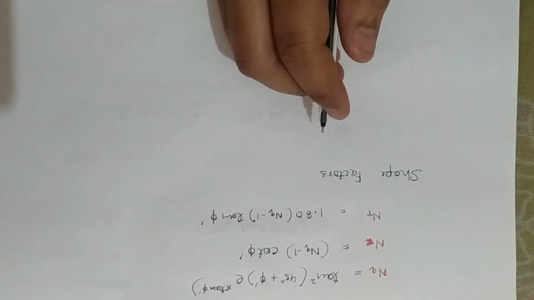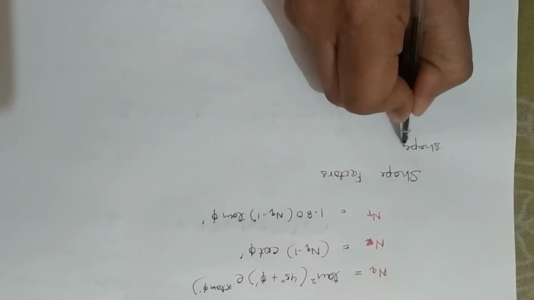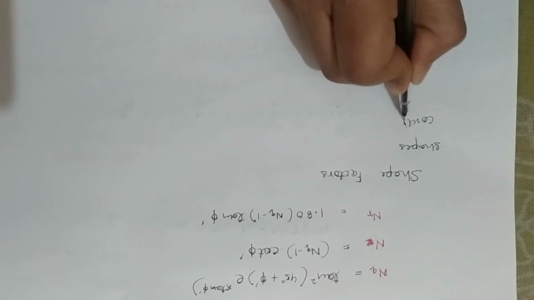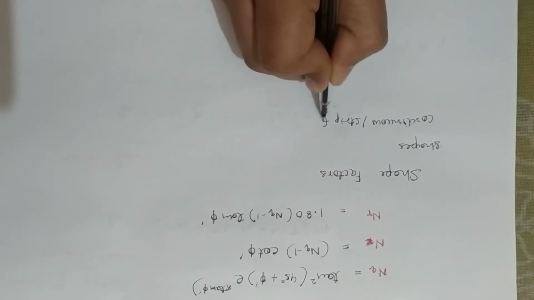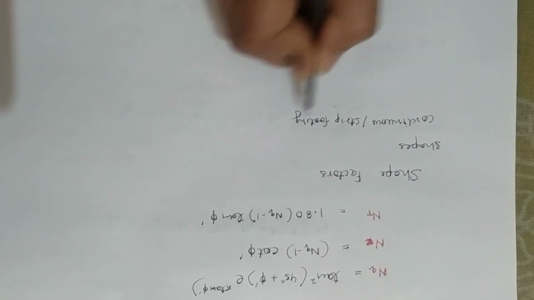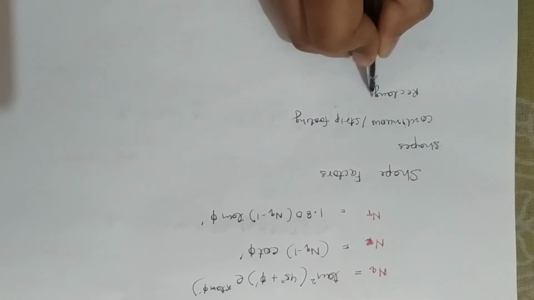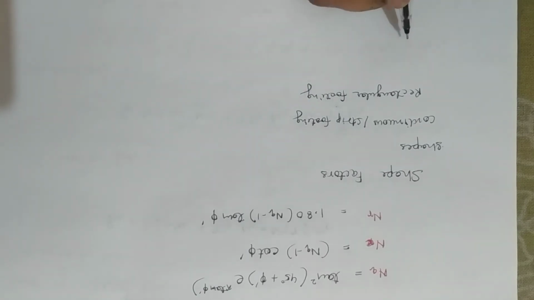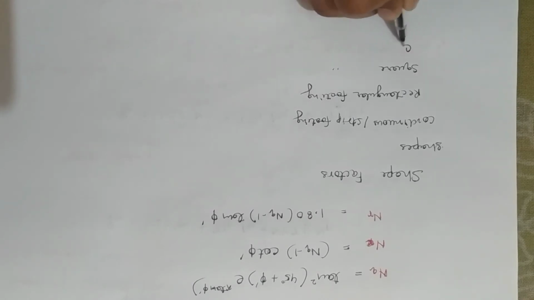Shape factors are for different shapes: continuous or strip footing, rectangular footing or square footing, and circular footing.